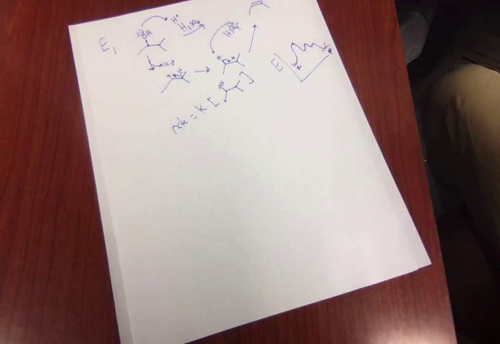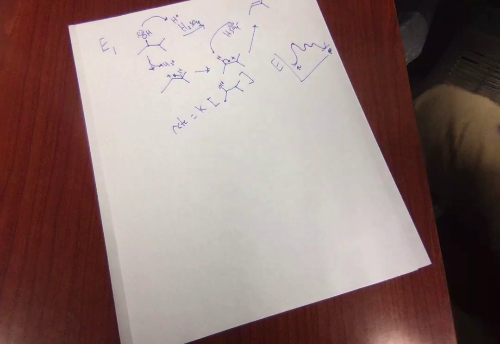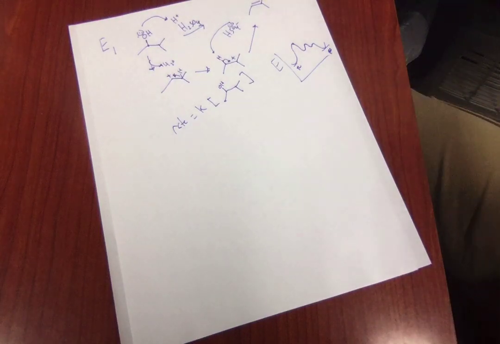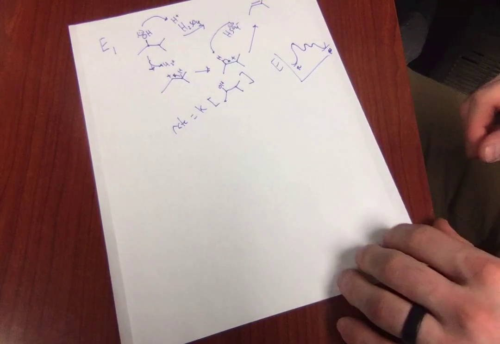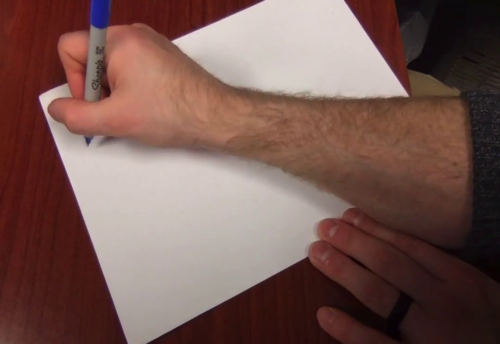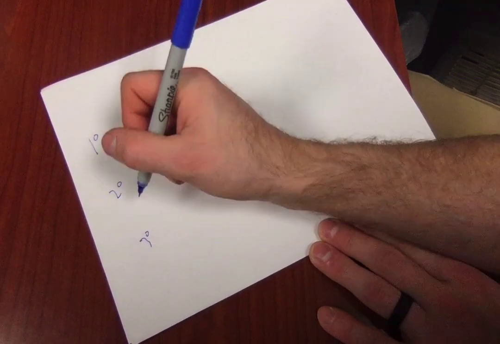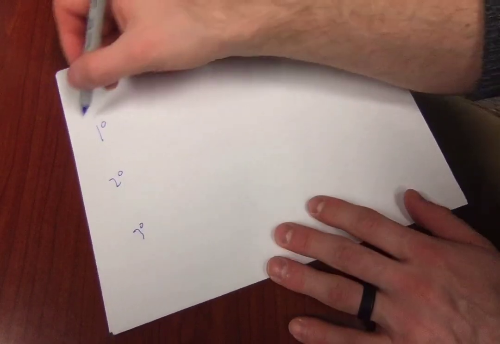Okay, we have a large table that kind of tells us which one to use when. I'm going to draw that in landscape, I think. So, on the column side, we're going to have primary, secondary, tertiary.